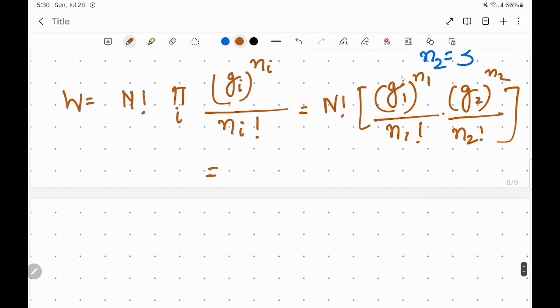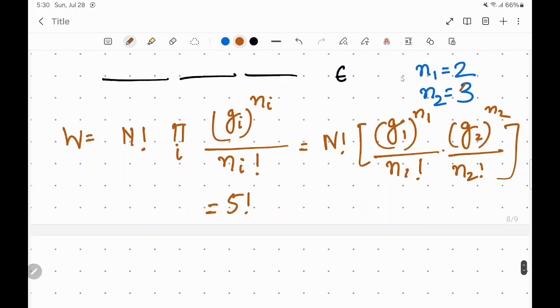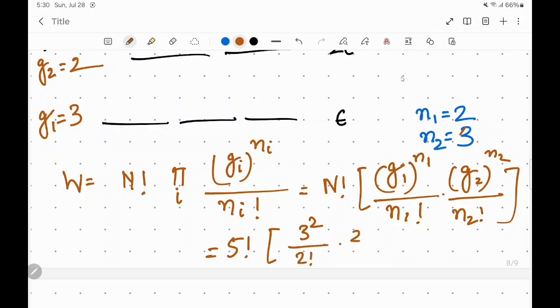So what is N? N is the total number of particles, that will be 5. 5 factorial. G1 is 3 and G2 is 2. So it is 3 to the power 2 divided by 2 factorial, and 2 to the power 3 divided by 3 factorial.